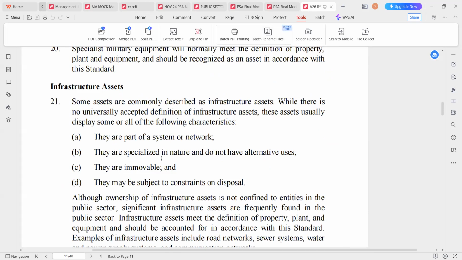IPSAS 12 is on inventory. You can do it. IPSAS 3, accounting policy, estimate, and then the errors. So what are accounting policies? What are the estimates? Change in accounting estimates. All right, one question.